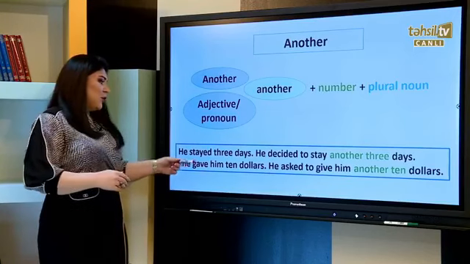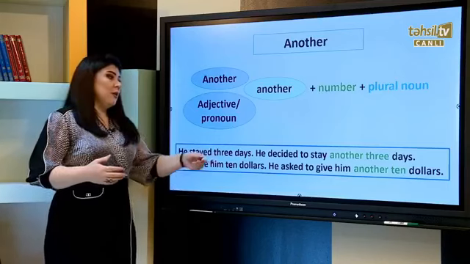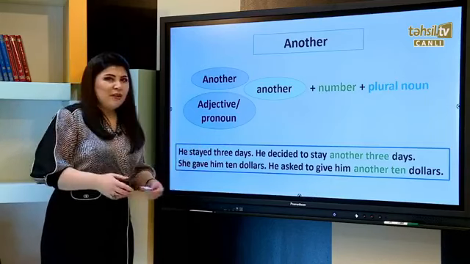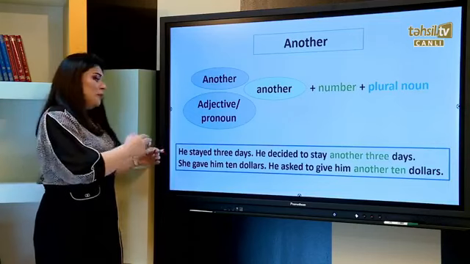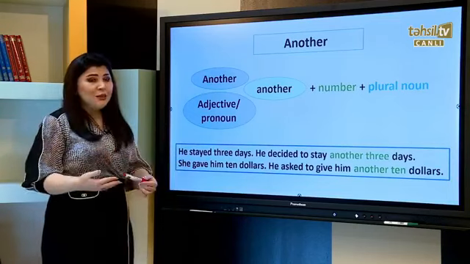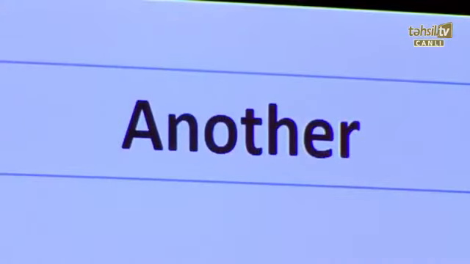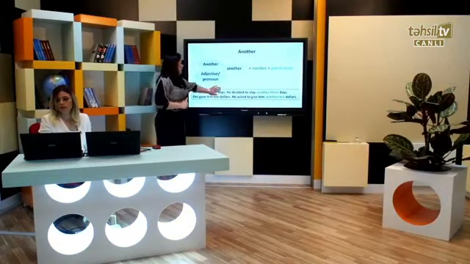But if you say she gave him 5 minutes and he asked her to give him another 5 minutes, it doesn't sound correct, okay? But my dad gave me $10 and I asked him to give me another $10. In this situation, in this context, that will be correct.